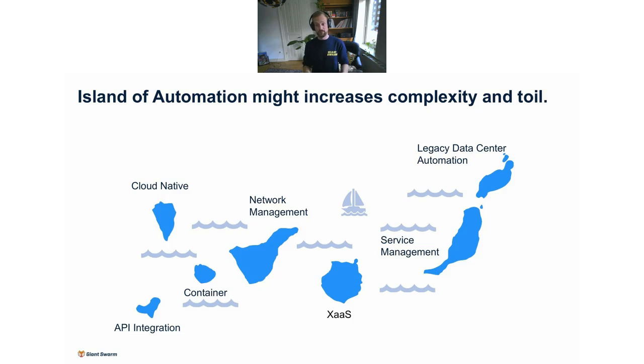Those islands of automation increase complexity, and the team is handling too much at the same time with the resources they have. Obviously that's challenging for releasing new features, innovating faster, and, in the long term, maintaining stability.